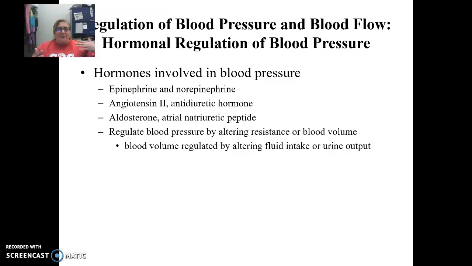They're hormones, but they are fast-acting hormones, and they're stimulated by the nervous system to be released. But then we have angiotensin 2, which we'll talk about the production of, antidiuretic hormone, aldosterone, and atrial natriuretic peptide.